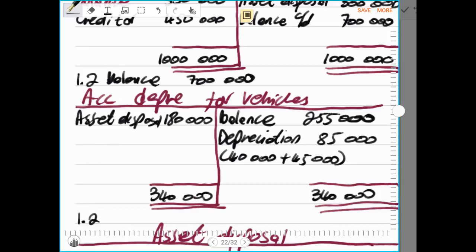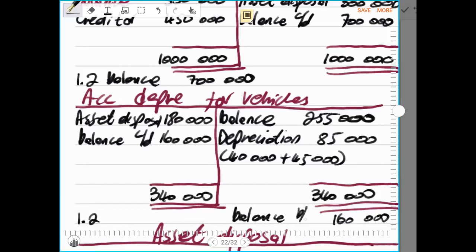We subtract the debit side being 180,000 rands. That will give us 160,000 rands as the balance at the end of 2012. Balance carried down, and balance carried down will be balance brought down. Then we say balance brought down. And from this stage, it means now we have covered this ledger account completely.